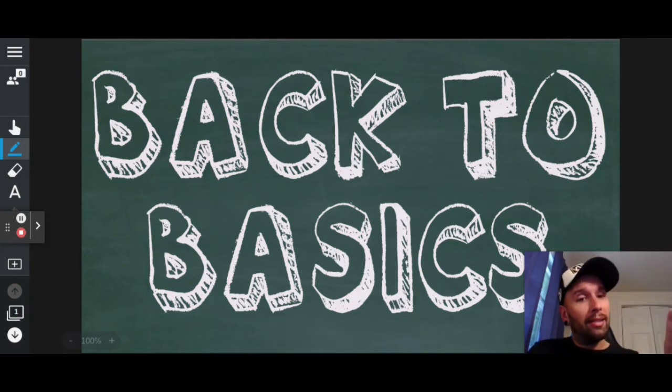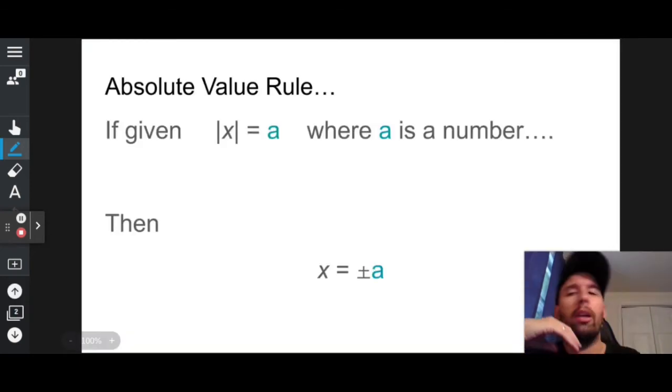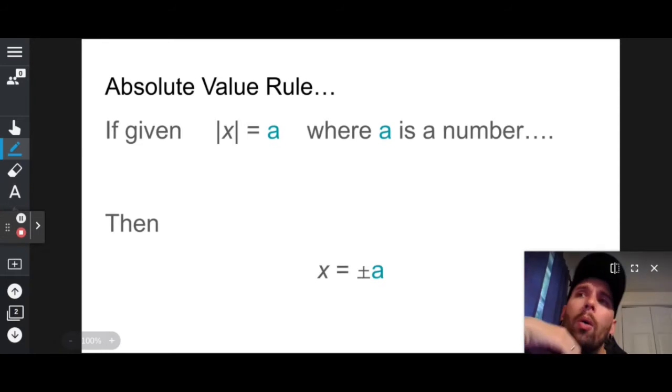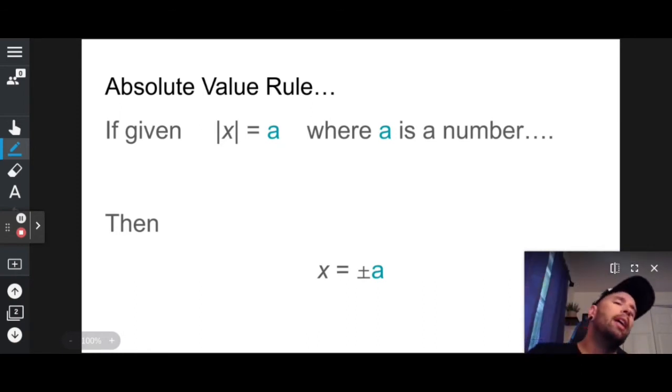But anyway, I digress. Let's take a look at what an absolute value equation looks like. If I give you an absolute value wrapped around an x, and I say the absolute value of x equals a, where a is a number, then I have two answers, positive and negative a.